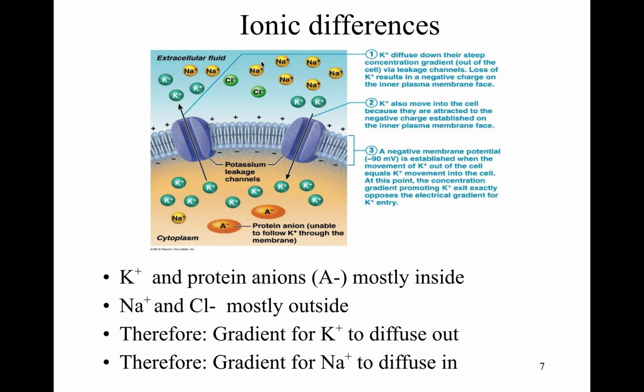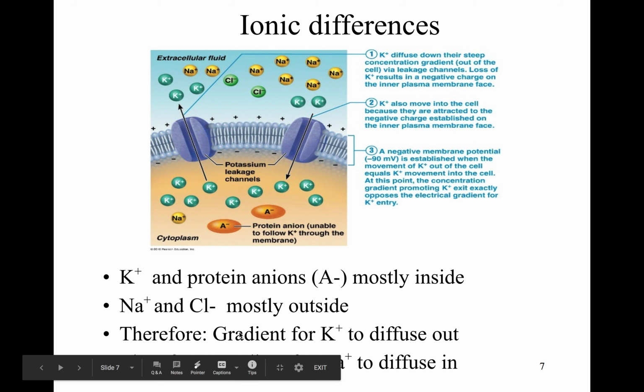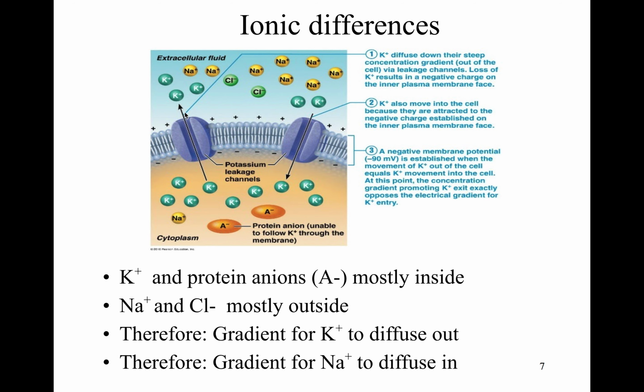So we have more sodium outside of the cell than inside, and more potassium inside of the cell compared to outside. Therefore, there's a concentration gradient for potassium to diffuse out of the cell, and a concentration gradient for sodium to enter the cell. Because of these ion concentration differences, sodium wants to enter the cell and potassium wants to leave.